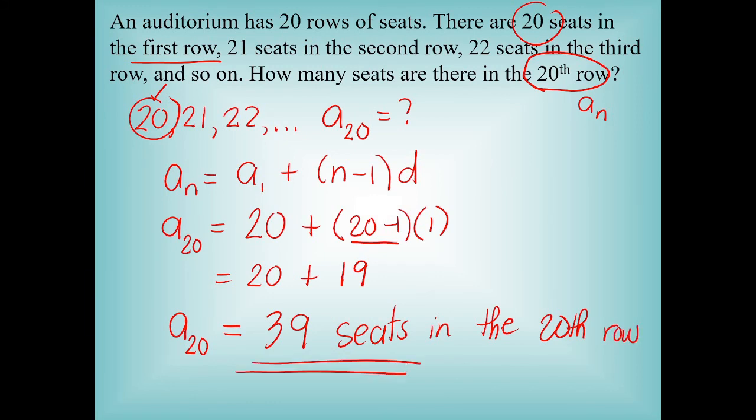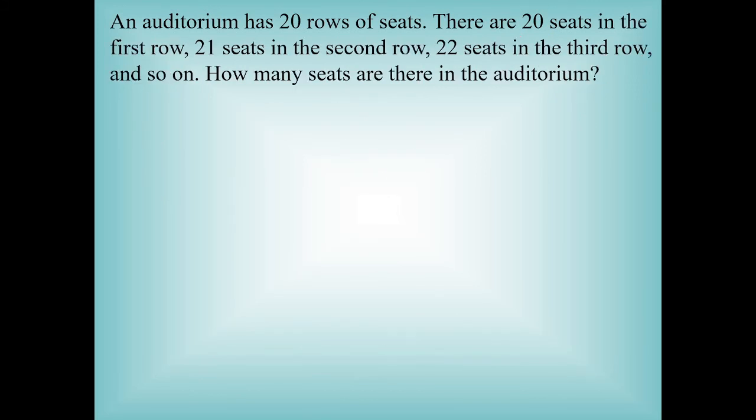Now, what if I'm gonna add another question? The question is this: how many seats are there in the auditorium? Is it A sub n or S sub n? S sub n this time. Okay? Now, let's solve for S sub n. Sir, is it formula 1 or is it formula number 2?